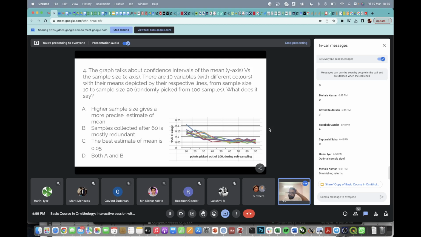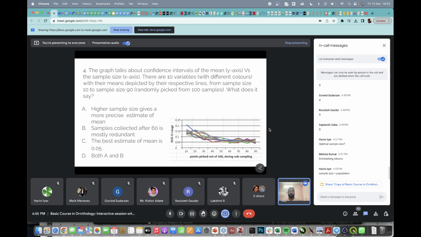So when would you say that the confidence interval is 0? Basically, it would be 0 when you have sampled everything, the entire population.